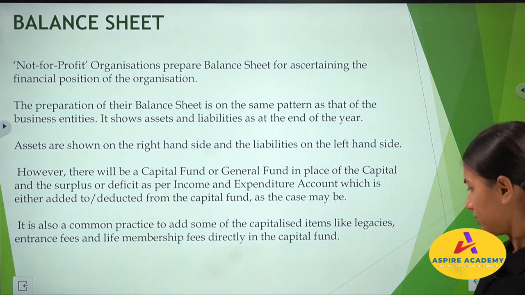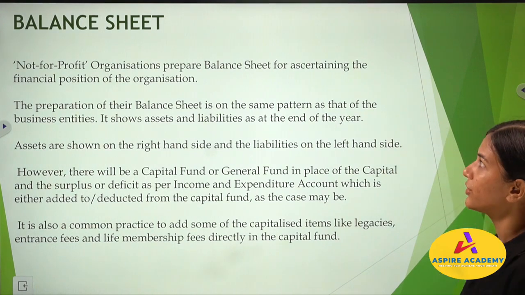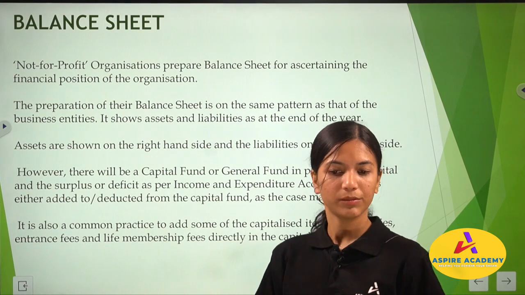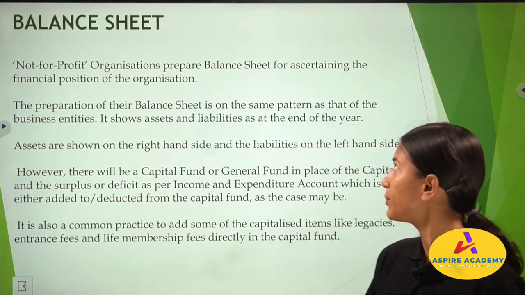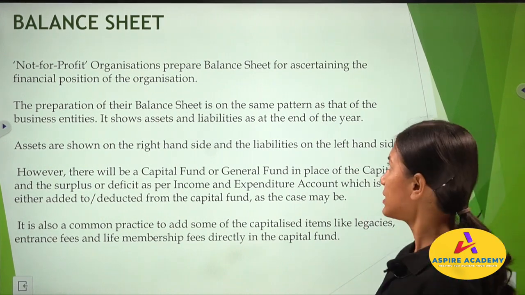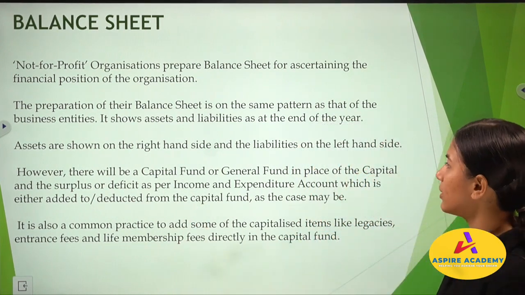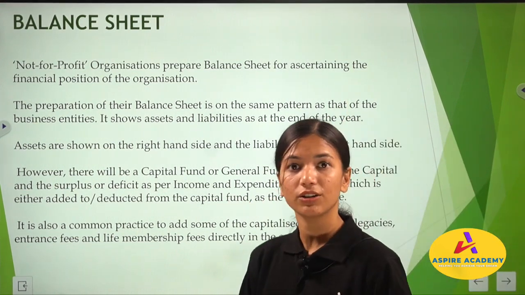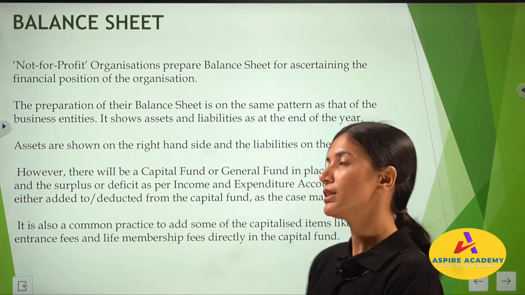Now let's see the balance sheet. Not-for-profit organizations prepare a balance sheet for ascertaining the financial position, like every business organization does. So the preparation is of the same pattern as other business entities. It shows assets and liabilities at the end of the year, but there is one thing added here, that is your capital fund, which would be shown on the liabilities side.